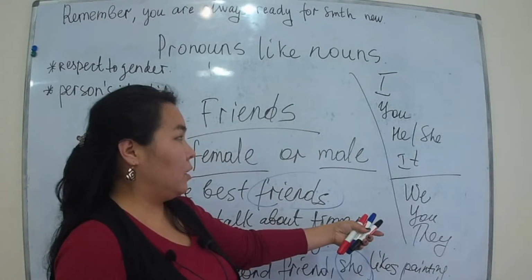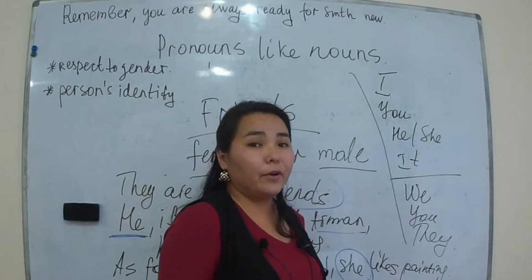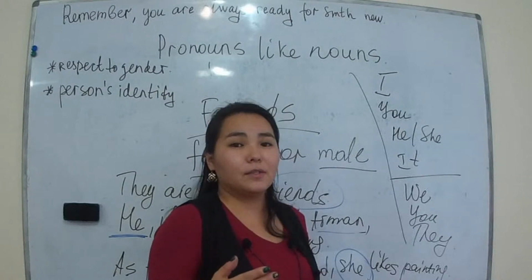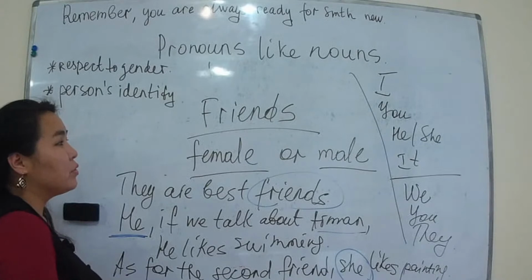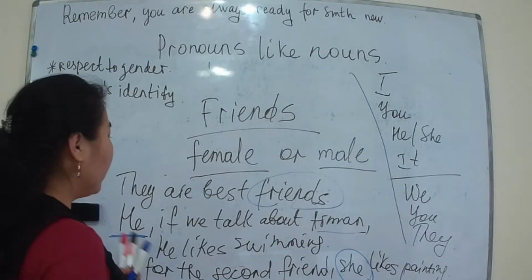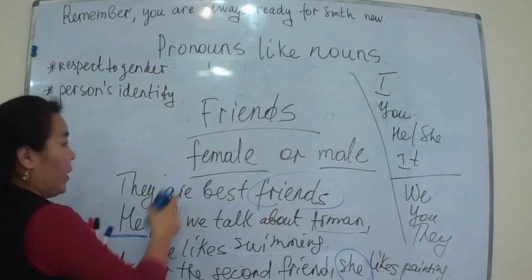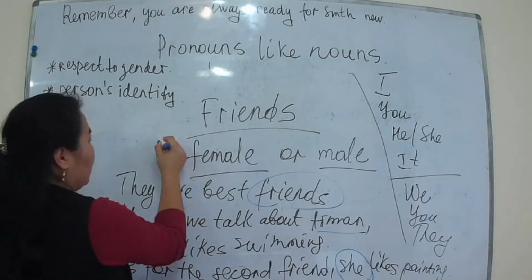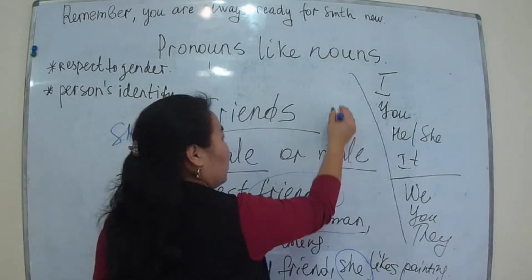That's why they are called confusing pronouns. For example, you are in a hurry and you can forget he or she. That's why it confuses people. And we should remember that for the female we use she, and for male we use he.